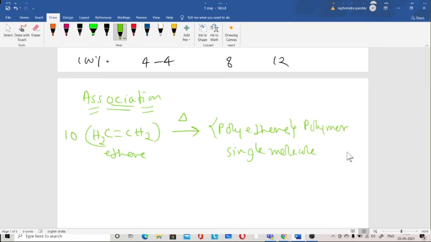Similarly, if I take n glucose, I will get cellulose, or starch also, that is your natural polymers. This is your artificial polymers.